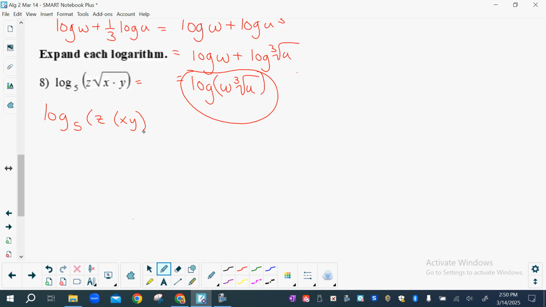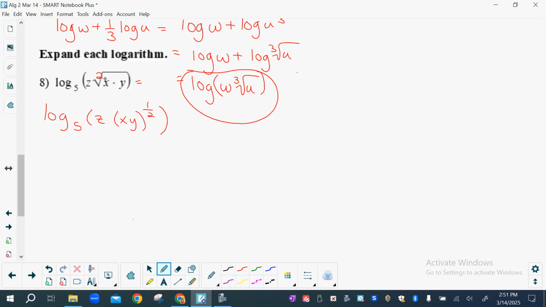Half. That's right. xy to the 1/2, both the x and the y. Because remember, a square root is assumed to have a 2 here. So the index goes on the bottom, and then it's assumed to be a 1 there. We're not done, no. Did you have a question?